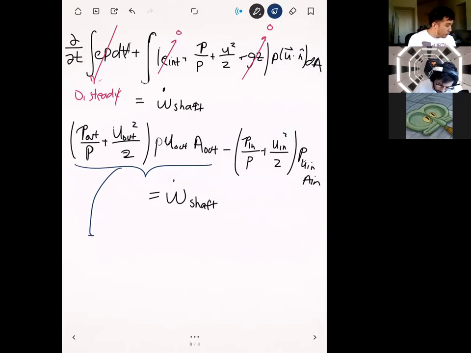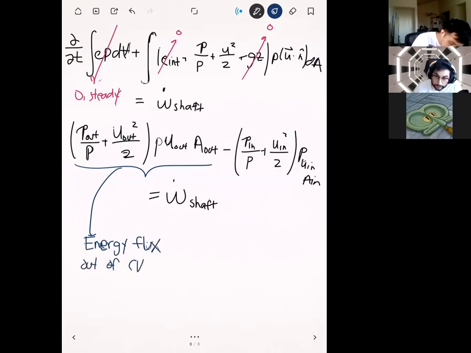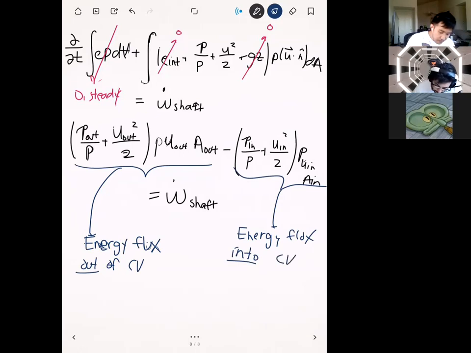This first quantity right here, you can interpret as the total energy flux out of our domain. And this term right here is the total energy flux into the domain.